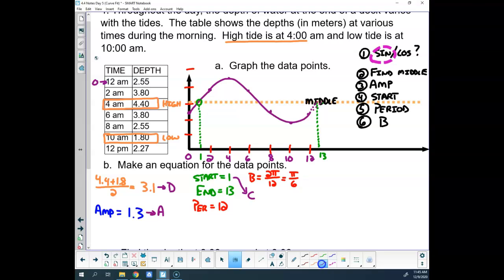So my function here, I can write now, y equals, my a value is 1.3, we said sine, I won't put cosine, pi over 6, x minus 1, plus 3.1 as my function.